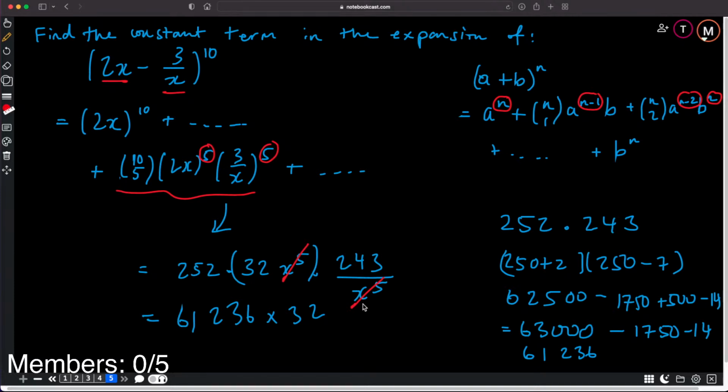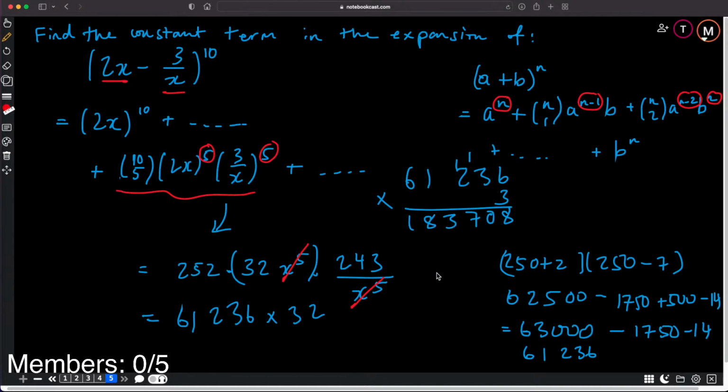Multiplying this by 3, that's not too bad, is it? Maybe 3 first. Save 10 to the end. Times 3. 183,708.